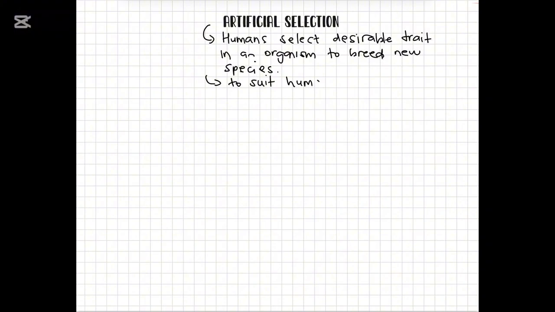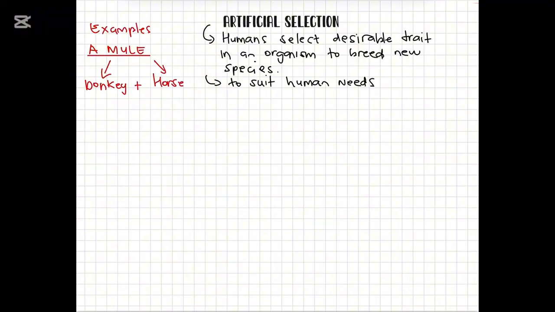The example that I like to use is the one where a donkey and a horse are used to produce a mule. So a donkey is a different species compared to a horse. A donkey is needed for its strength, while a horse is used for its speed to make the mule. A mule will have both these characteristics. So it is a new species.